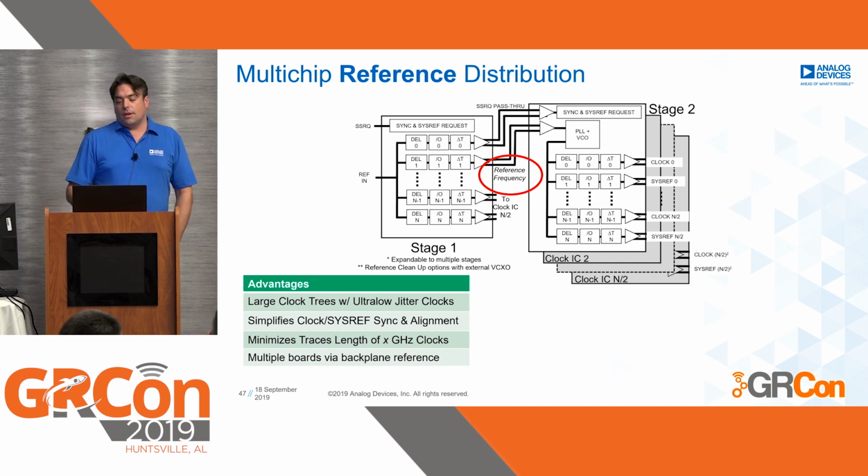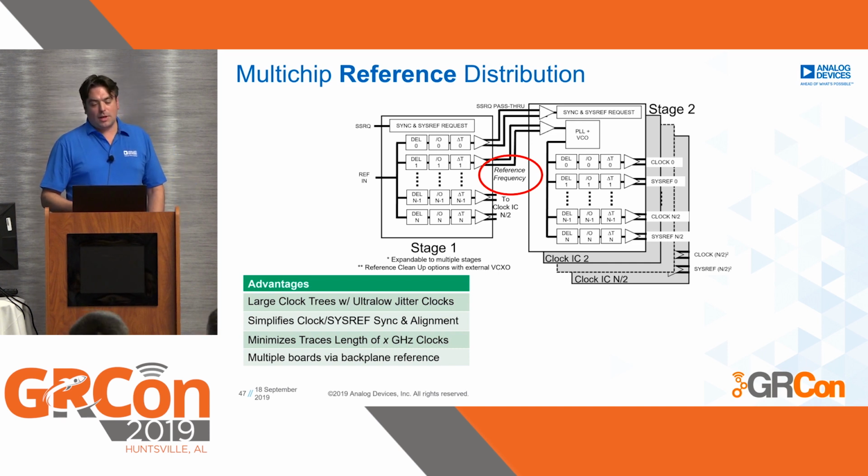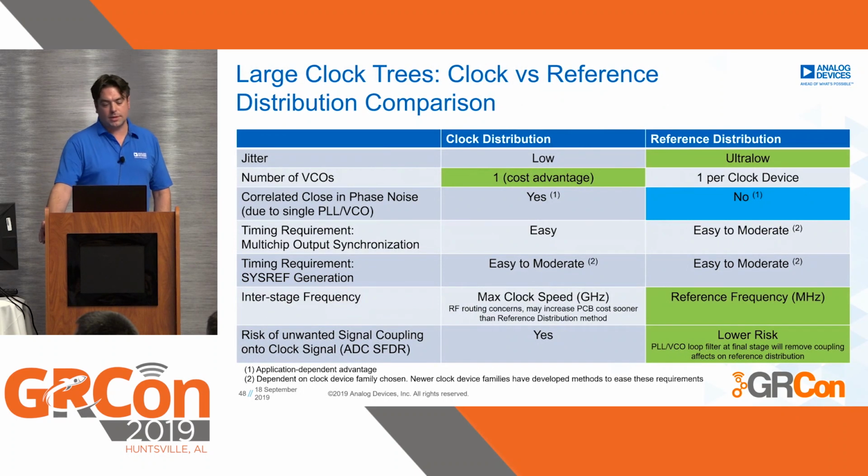The penalty here is that every stage needs another PLL and VCO, which can be a little more expensive, so there's some cost penalty involved. At the beginning, we heard that correlated phase noise can sometimes be good and sometimes be bad. When you use the reference distribution, it is actually pretty good. So it gets you this SFDR improvement.